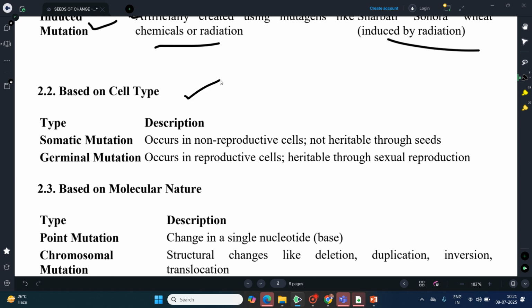Based on cell type, there are two types again: somatic mutation and germinal mutation. Somatic mutation occurs in non-reproductive cells that are not heritable through seeds, whereas germinal mutation occurs in reproductive cells and is heritable through sexual reproduction, that is seed.